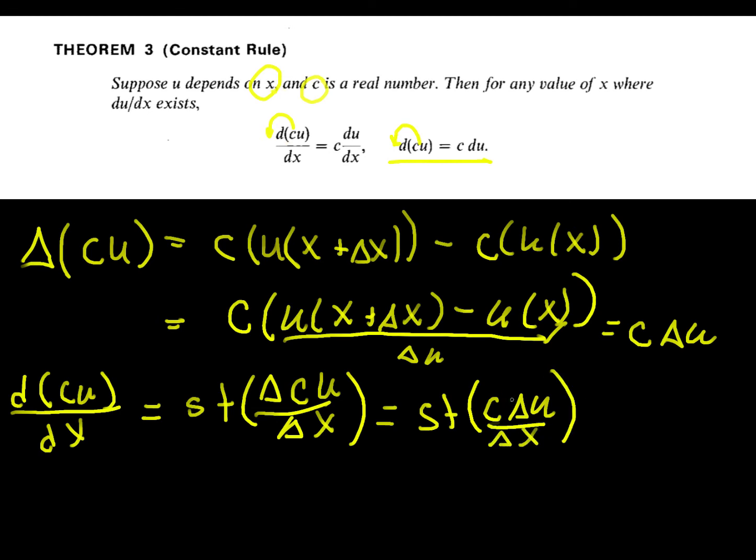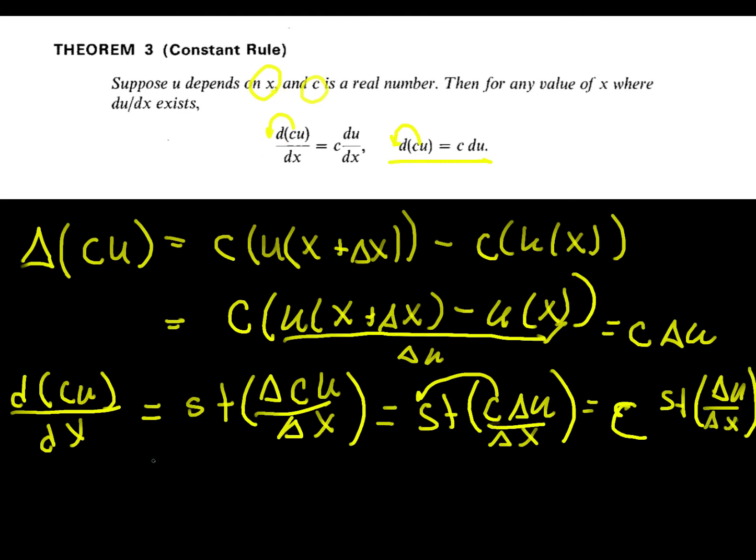And again, our rules about constants say this can factor out of the standard part, so this is equal to c times the standard part of change in u over change in x.